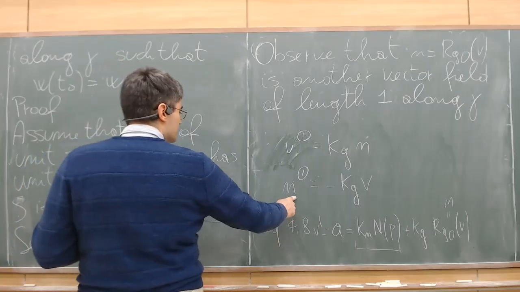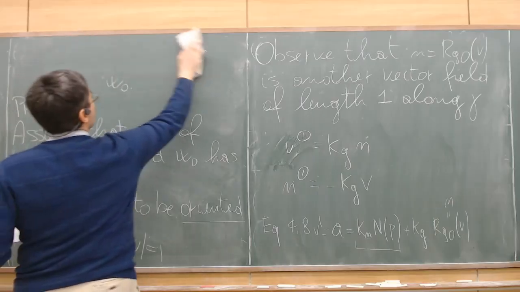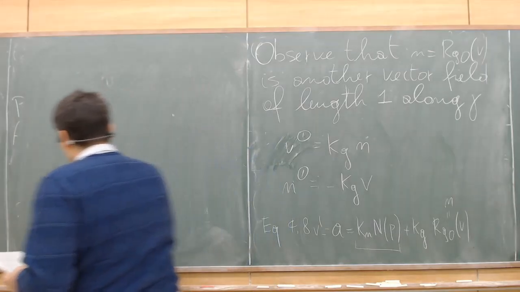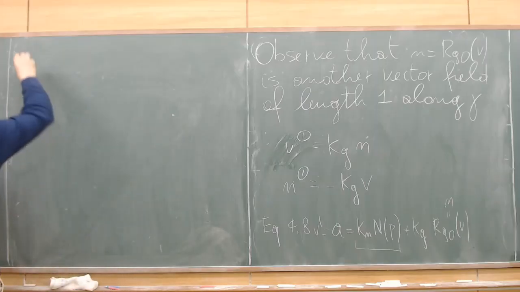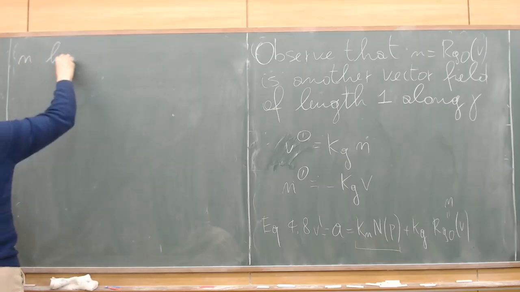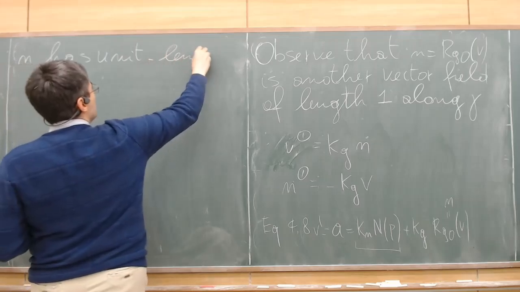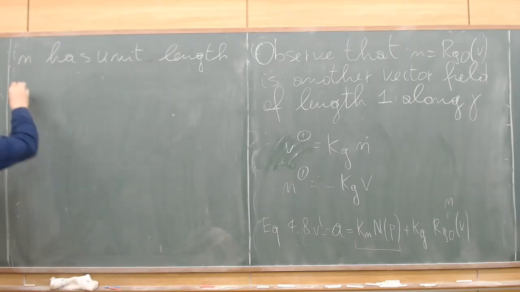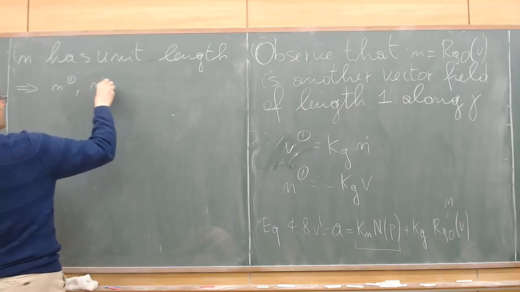How to prove the second one? So n being of unit length implies N prime, n is 0.